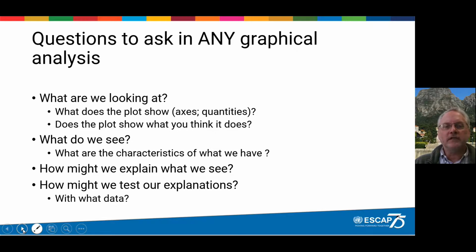We would then move on to say, how might we explain what we see? What explanations might be invoked to justify what we are seeing? Or might we have to eventually conclude that what we are seeing is the consequence of data error? How might we test those explanations, and with what data?